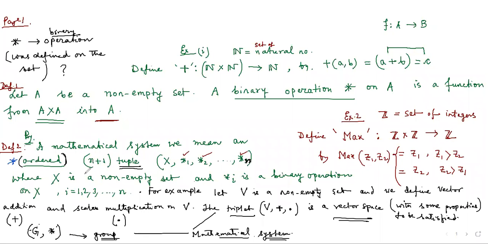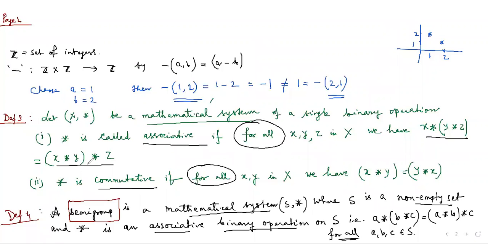Many a time we have used this word, let us deal with the mathematical system. We also say let us deal with the physical system. What is the definition of physical system, mathematical system? Definition is very important. After that, I gave you the definition of the binary operation being associative and commutative.